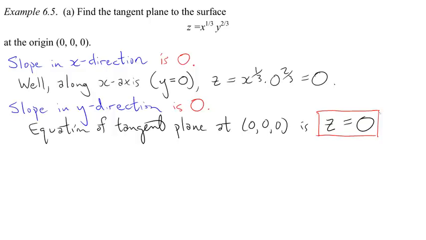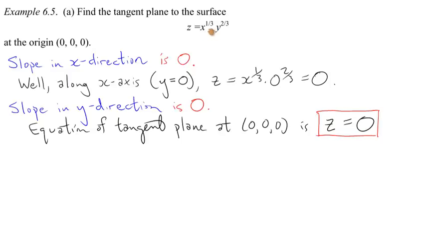But something seems funny about this, because it's clear that z is changing with x and y. When you look at the function here, z equals x to the 1/3, y to the 2/3, as you move away from the origin, this value is going to change. In particular, we've seen that if you move away from the origin in the x direction or the y direction, z doesn't change.